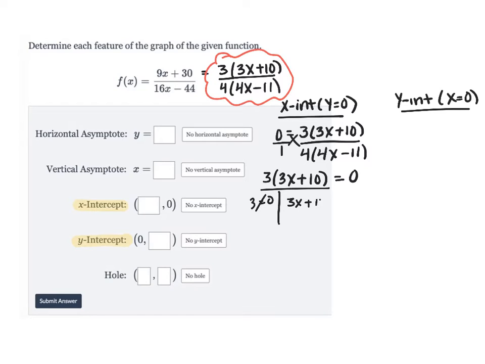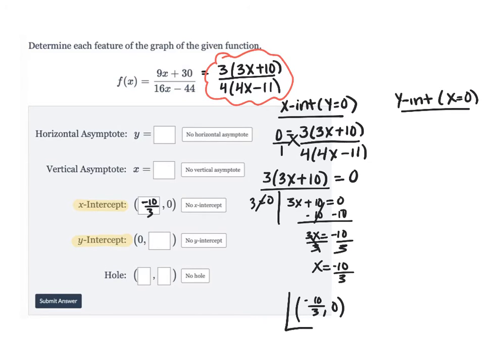And 3x plus 10 equals 0. We'll subtract 10 and divide by 3. So we'll get x equals negative 10 thirds. If we put it into an intercept, negative 10 thirds, comma 0. Notice how they already have the comma 0 for you.